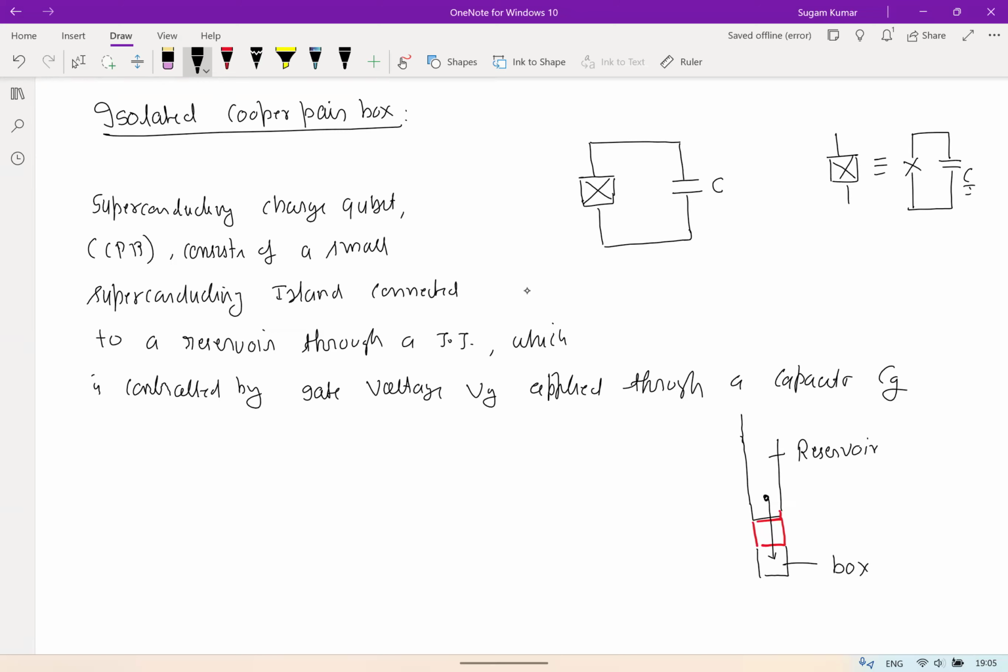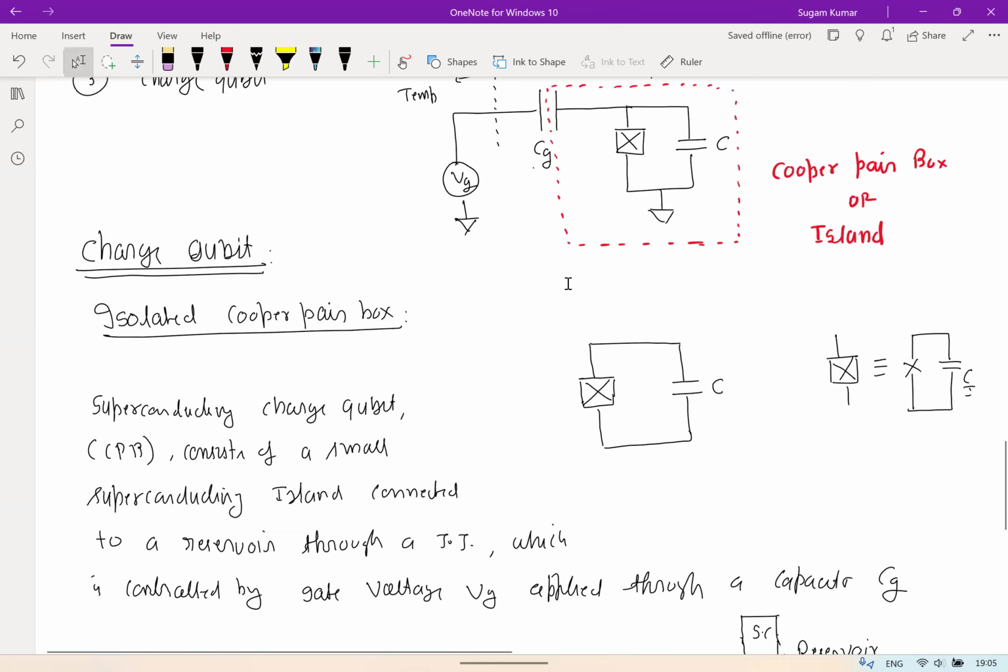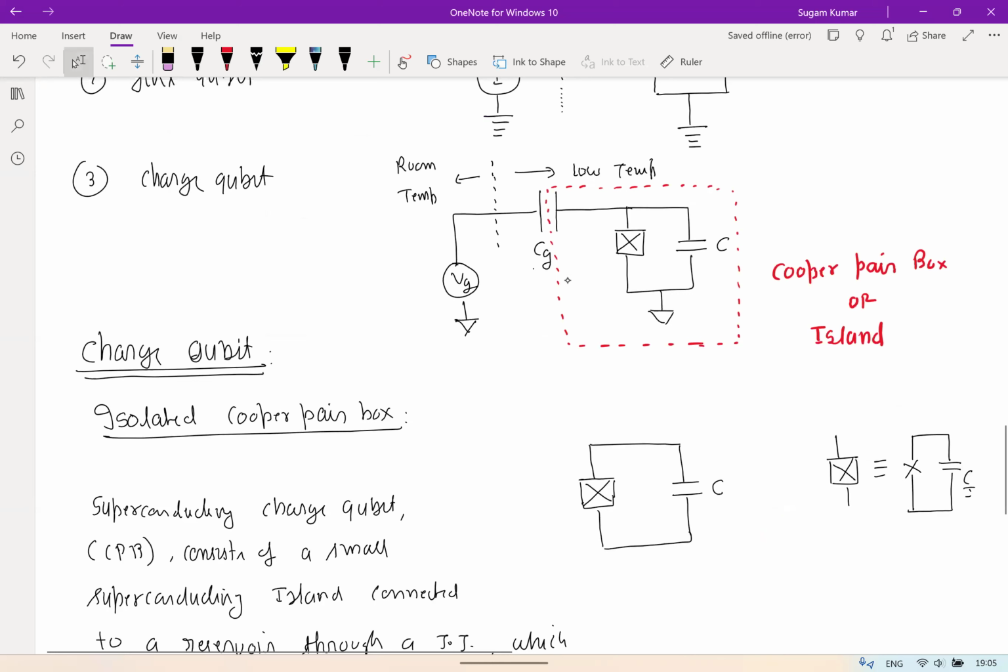So you have a very big superconducting reservoir, this is also superconducting, and a very small box. Slowly you will feel comfortable when I discuss more and more mathematics. But in principle, this is how it looks. You have a Josephson junction here in this picture, and on this side you have a reservoir, and on this side you have that box.